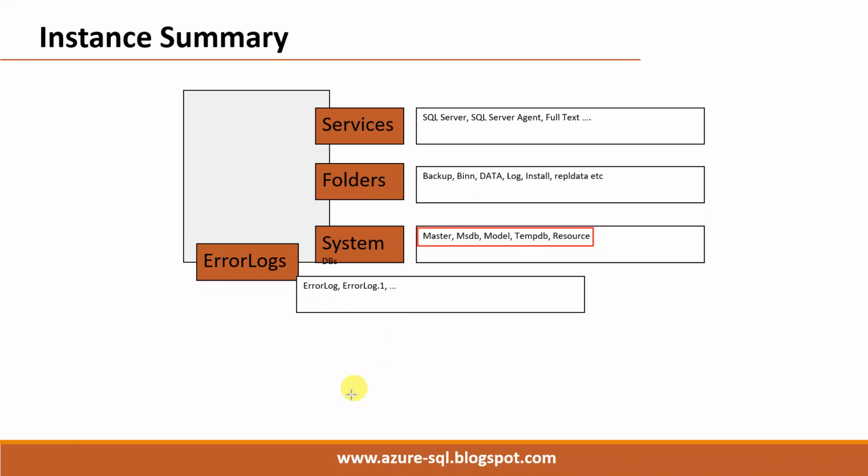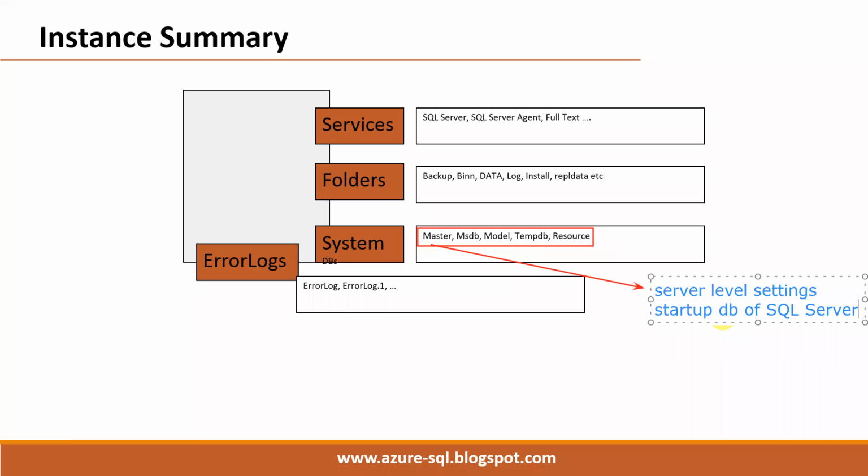Check here, first one, master database. Master database maintains all the server level settings. All the server level settings or instance settings are there in master, and it is the startup database of SQL Server.